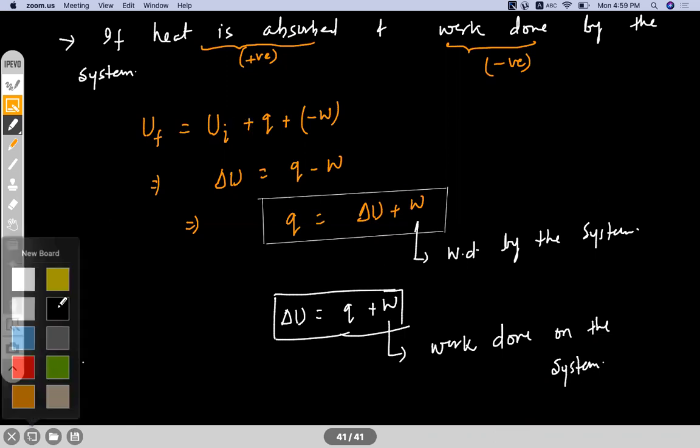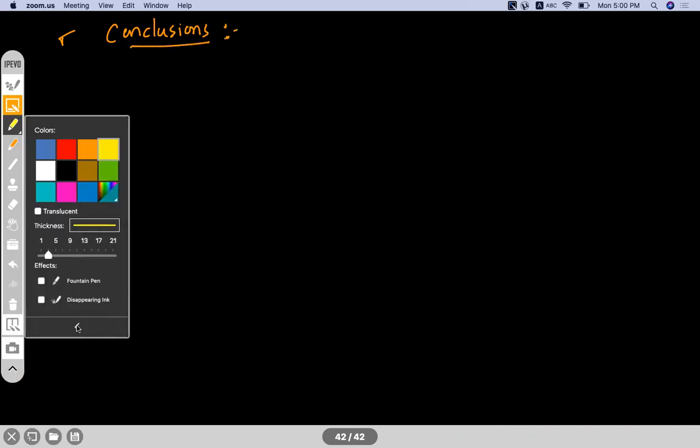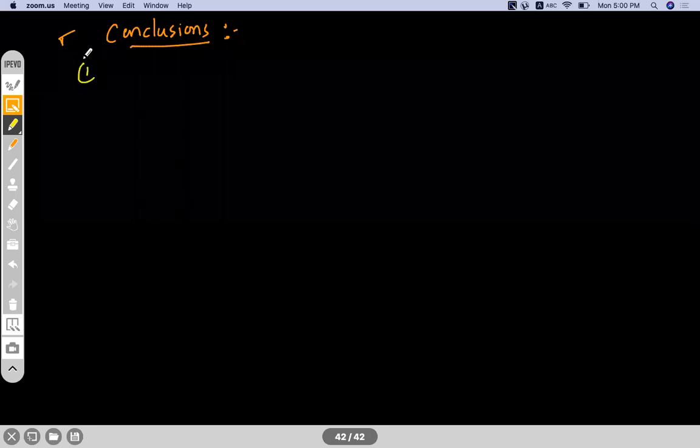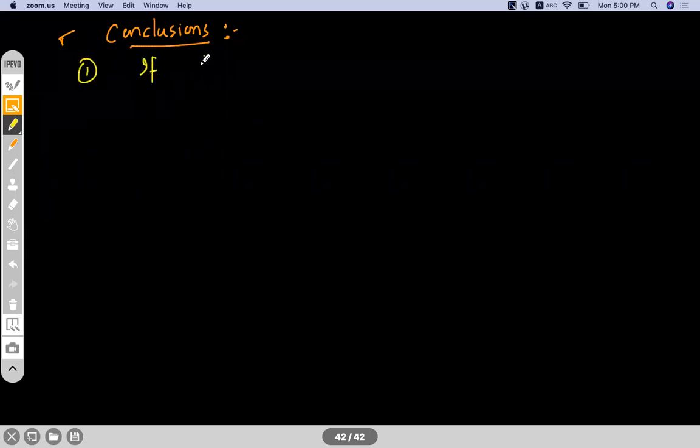Now, a few conclusions of the first law of thermodynamics. First one, if delta U is equal to 0, this means the change in internal energy is 0.